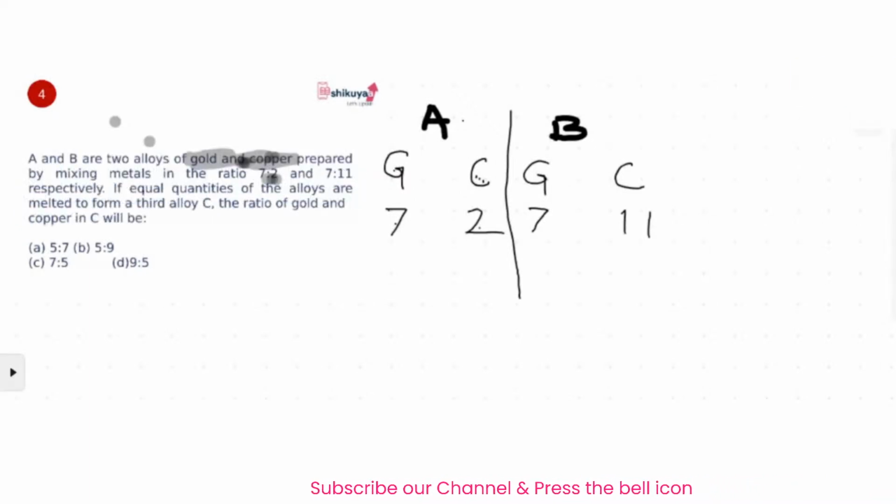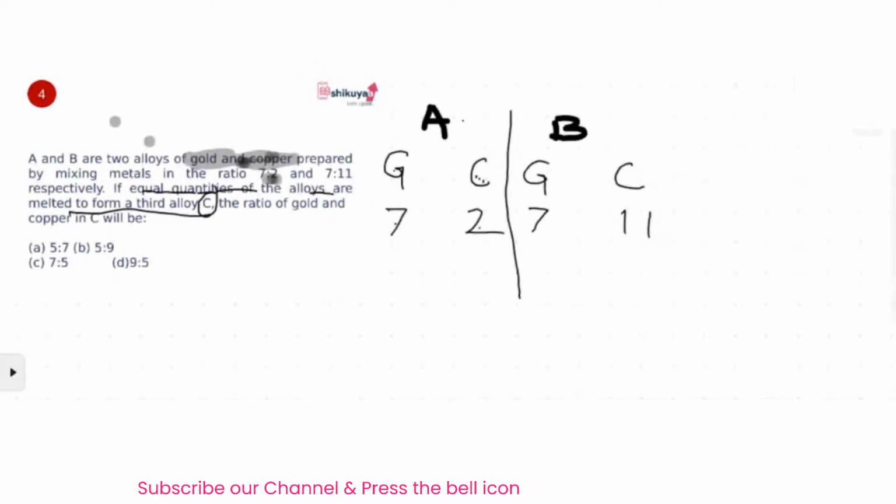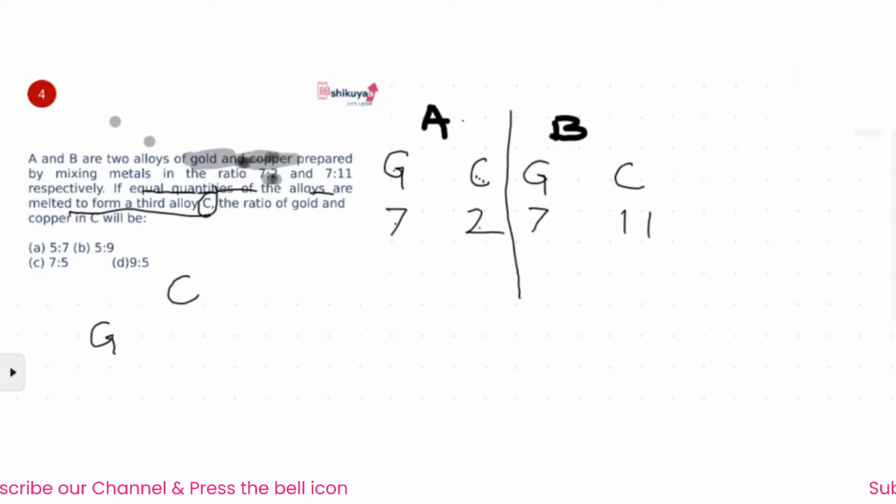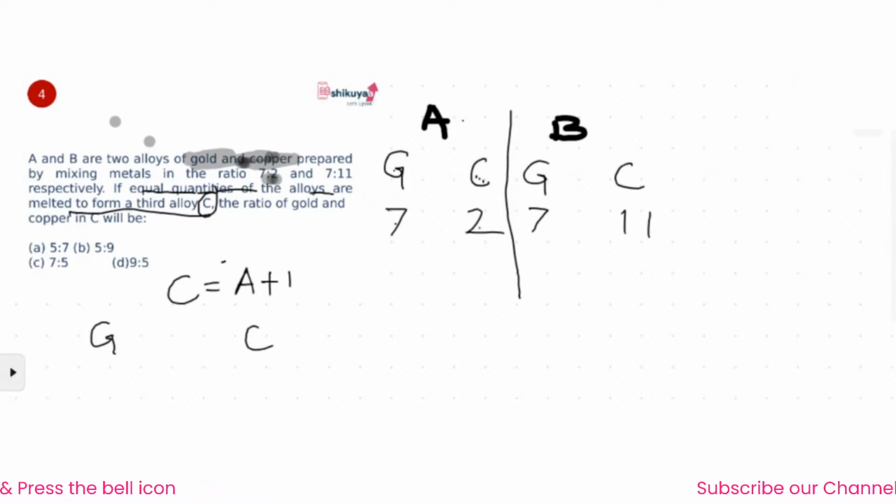So what is the next data which is given to us? If equal quantities of the alloys are melted to form a third alloy C, the ratio of gold and copper in C will be? So we are supposed to form an alloy C where we will have again gold and copper, and we are going to add A and B into each other in the same quantity.